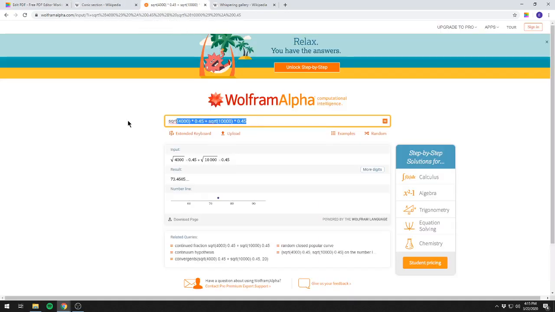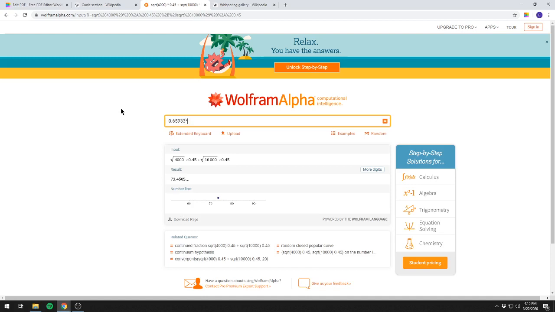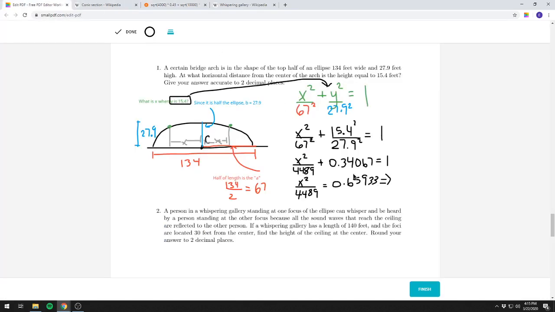So once you do 0.65933 times 4,489, that's 2959.73237. That's what x squared equals. Run out of space. You can't add it on the side.